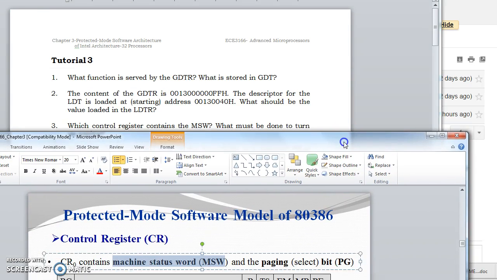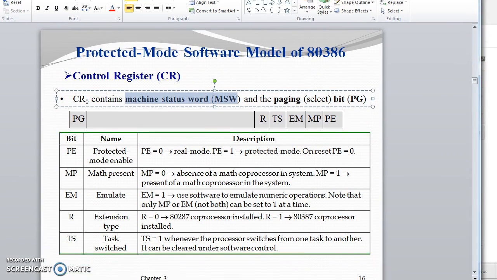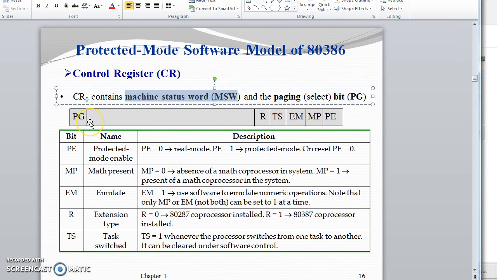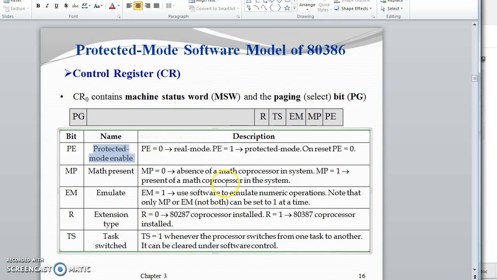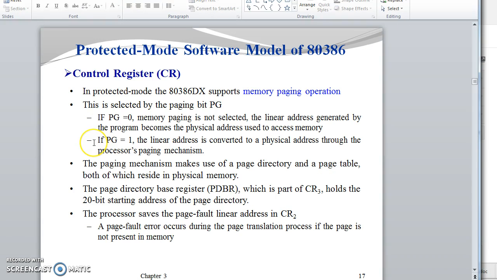What must be done to turn on paging? Based on this control register, to turn on paging, we must set the PG and PE to 1. This PE, protected mode enable, should be set to 1 to enable the protected mode, and then the PG bit, which is the paging bit, should be set to 1 as well.